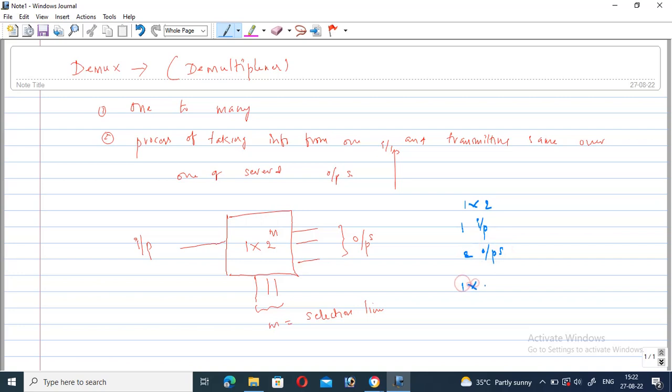So 1 into 2 power m format, where the selection line is 2 power 1, therefore 1 into 2. So m is equal to 1 for the 1 by 2 demux.